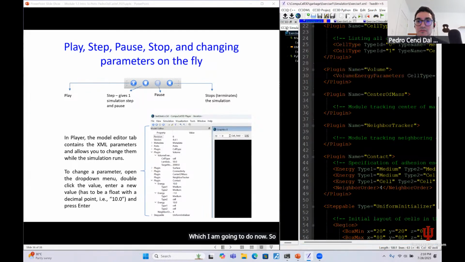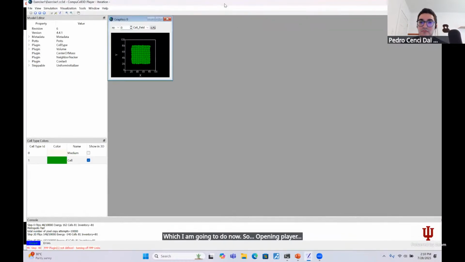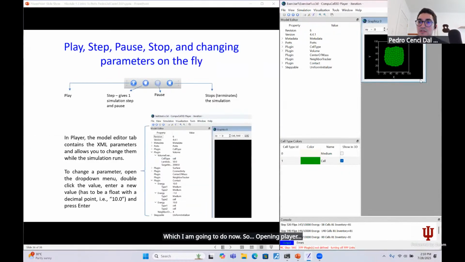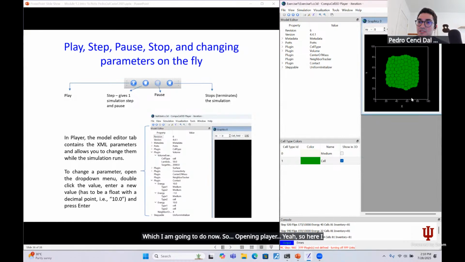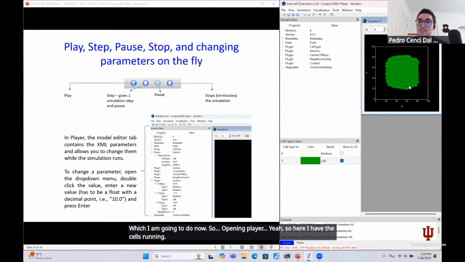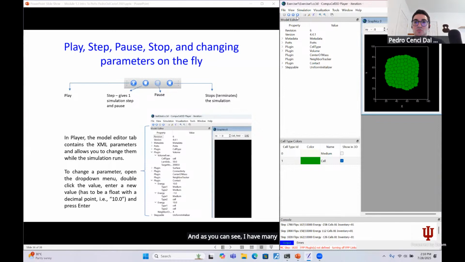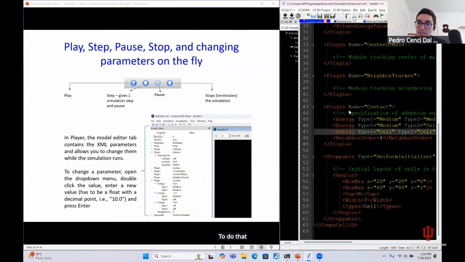So opening Player. Yeah, so here I have the cells running. And as you can see, I have many cells. I want just one cell. To do that, I will go to the XML. Down here, I need to specify just one cell.